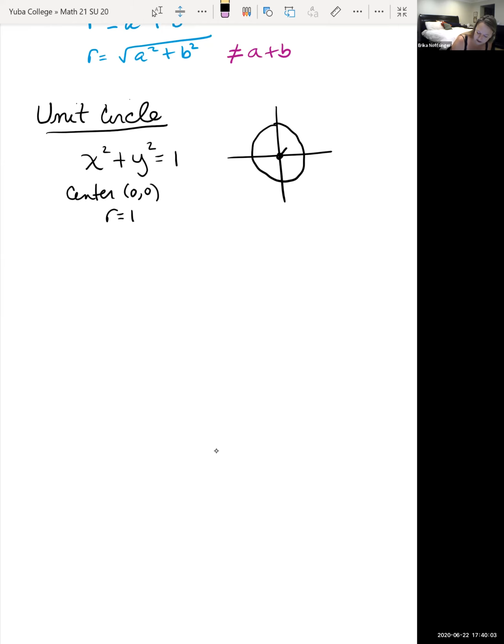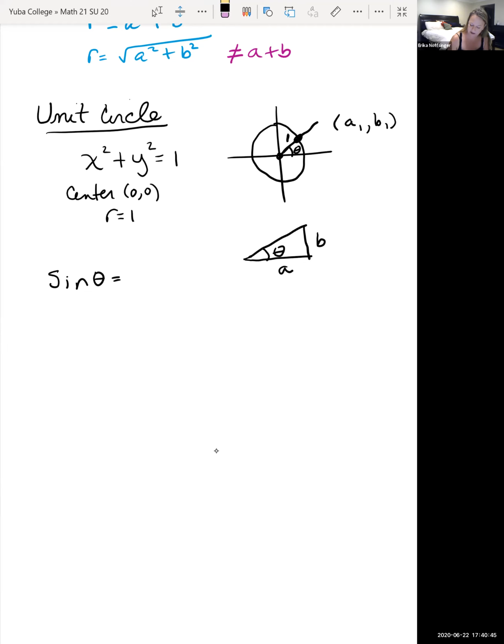If we had some point on the unit circle, let's say a sub 1, b sub 1, then our trigonometric function, sine of theta, is equal to the opposite, which is our length of y, which is b for that point, and a is our adjacent side.